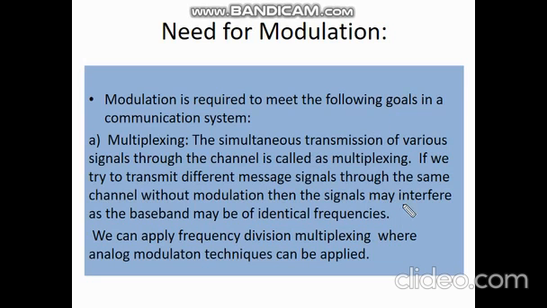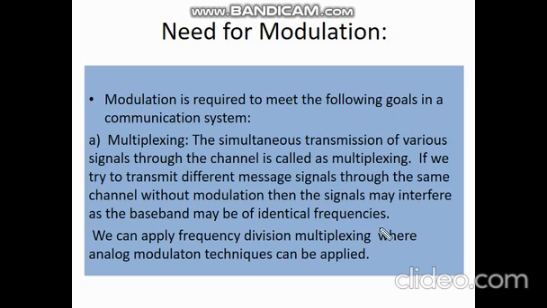Considering the frequency translation, let us explain the need for modulation. Suppose you are transmitting a few baseband signals through a single channel. This is the same channel. The baseband signals might have nearby frequencies, so they will start to interfere with each other.